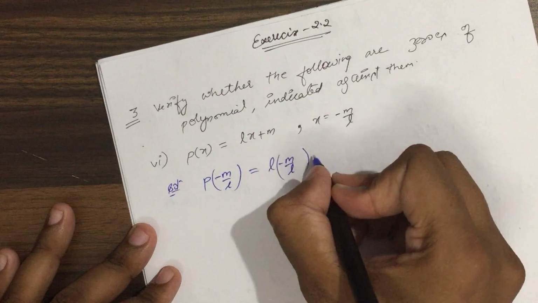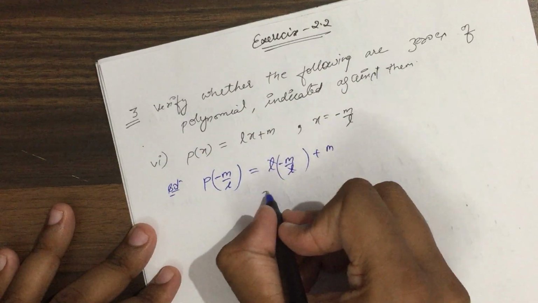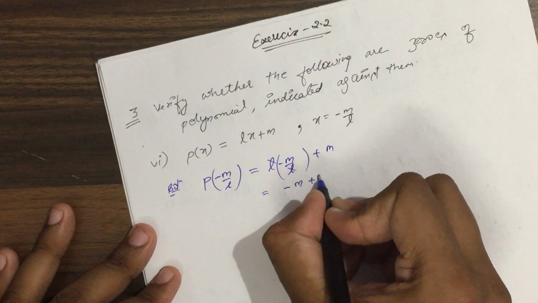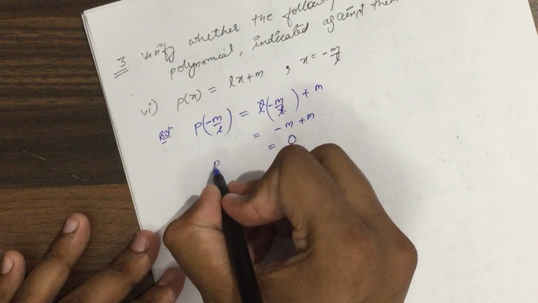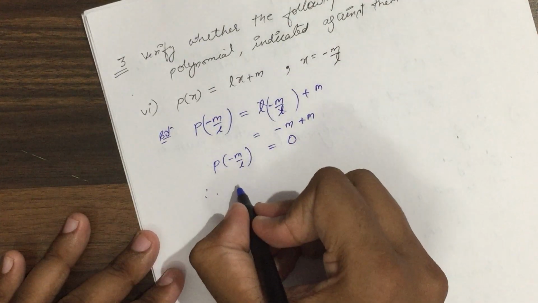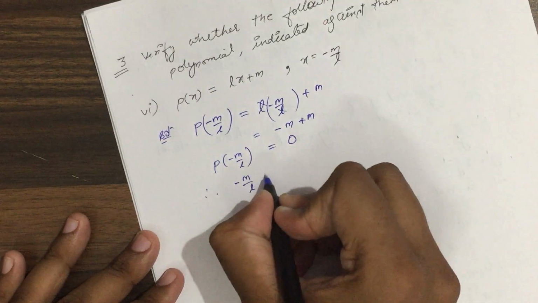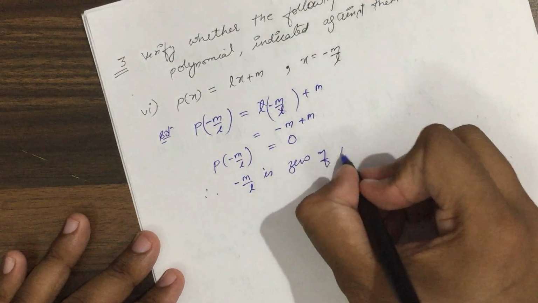Simply put minus m by l, plus m is there, l and l will cancel, so it will become minus m plus m, so it will become 0. Since p of minus m by l is 0, therefore we can say that minus m by l is a zero of polynomial p(x).